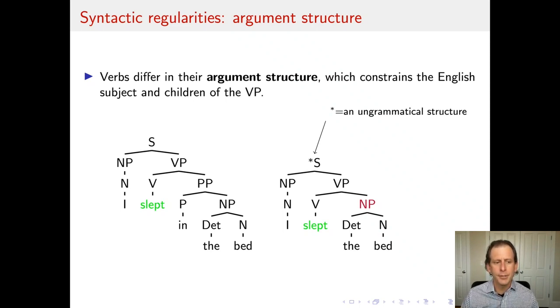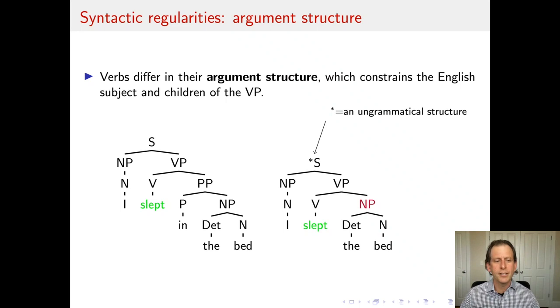So just to give some examples of this, sleep is a verb that's what's called an intransitive verb. It does not get an object. Okay? And an object, a direct object, in English is a noun phrase that normally immediately follows the verb.